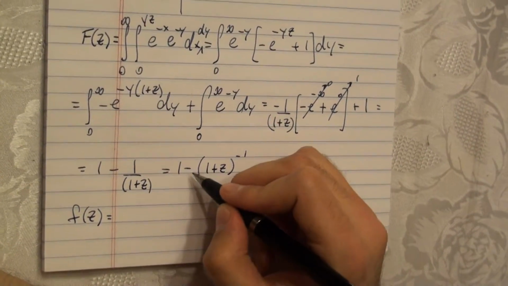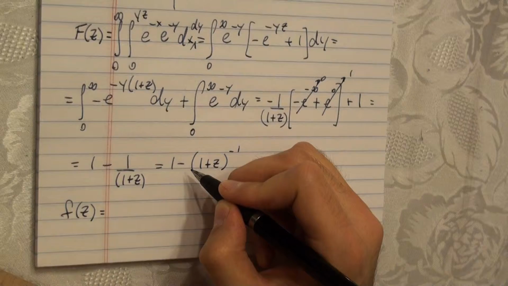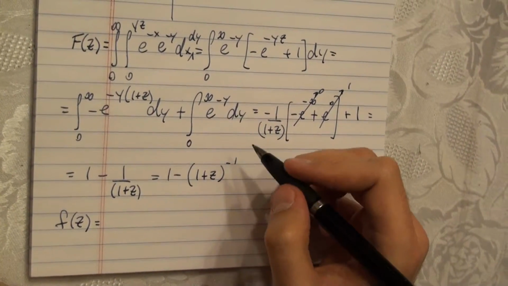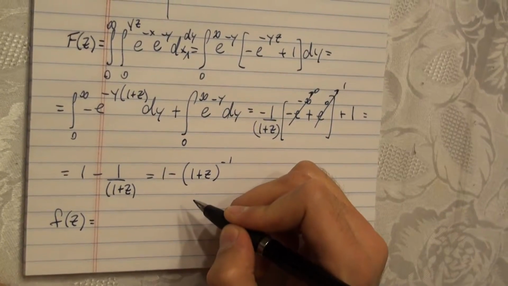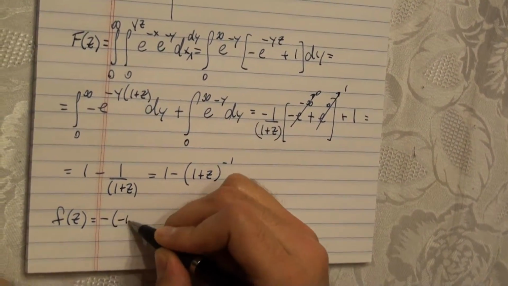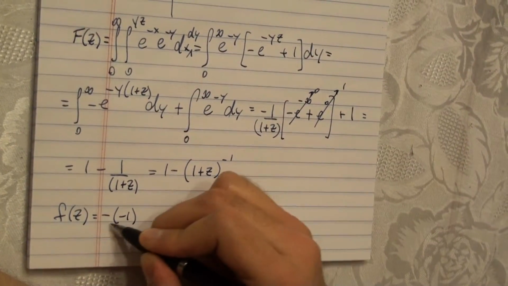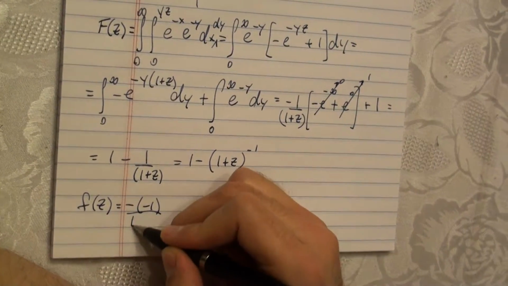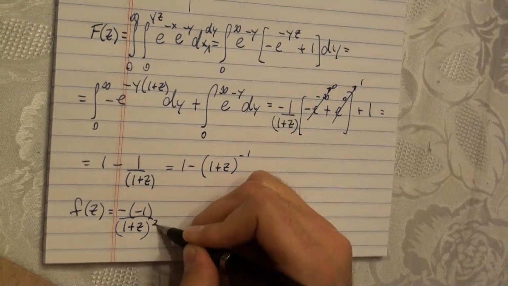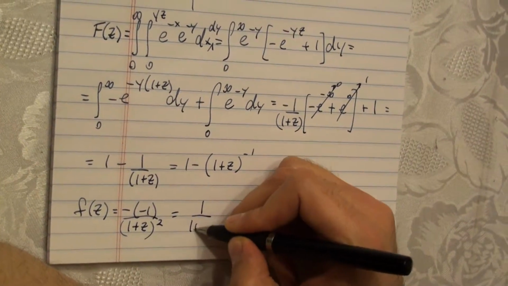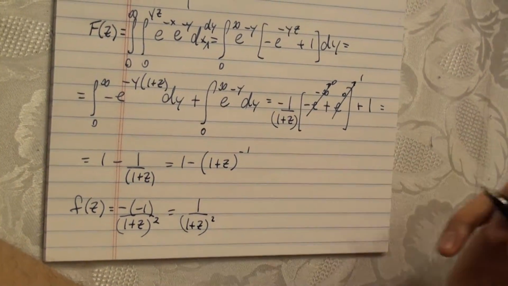So we have the minus here, and the minus 1 comes down. So we have a minus already, then the minus 1 comes down, and we're left with (1 plus z) to the minus 2, which is in the denominator. So this is just going to become 1 over (1 plus z) squared.